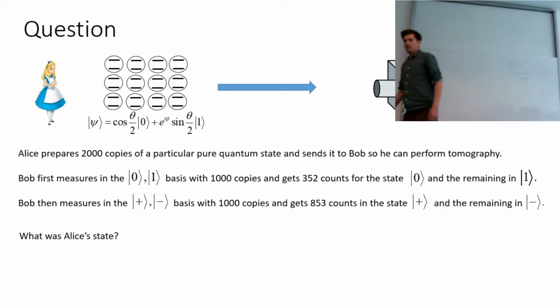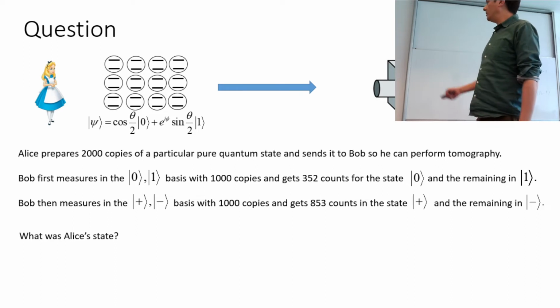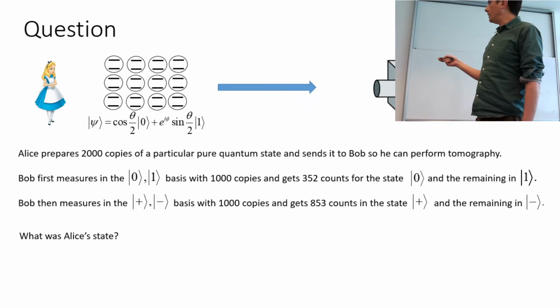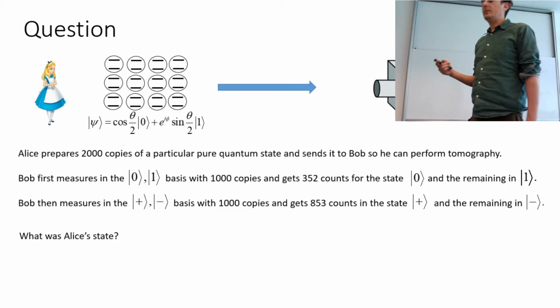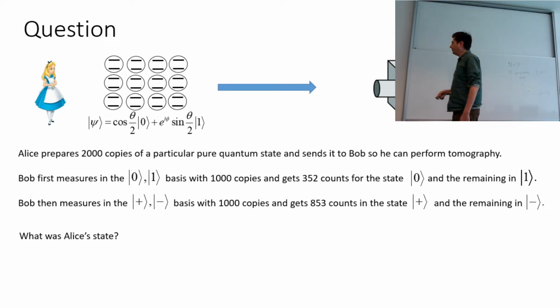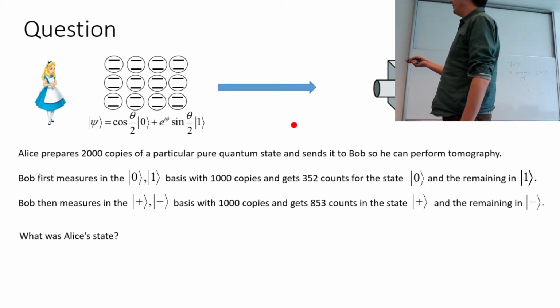So just to finish off this slide set, let's quickly do this practice question. Suppose we have something like this. Alice has 2,000 copies of this state, and she sends them all to Bob, and then Bob does some kind of measurement to try and figure out what this state is. Bob first measures in the 0-1 basis, so he's following my protocol.